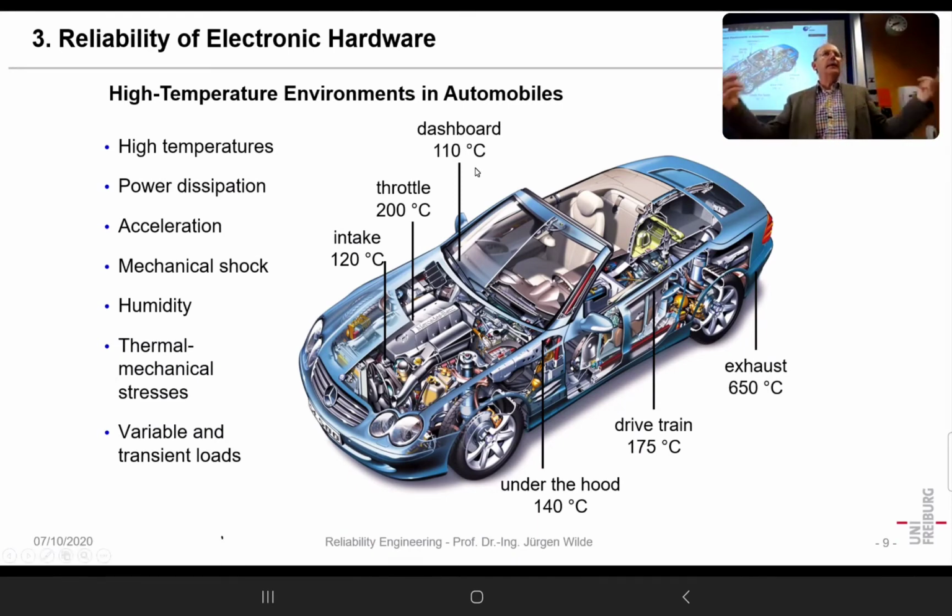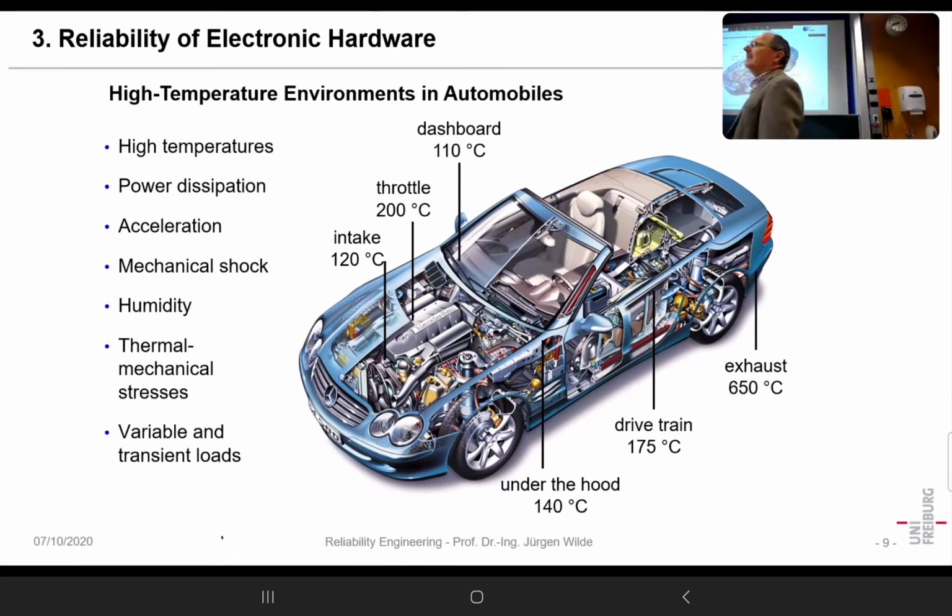And when you have electronics then, and now you have lots of electronics in your display system, then the temperature can go significantly higher. On the throttle, it goes up to 200 degrees centigrade, a little further apart from the engine, maybe 120.